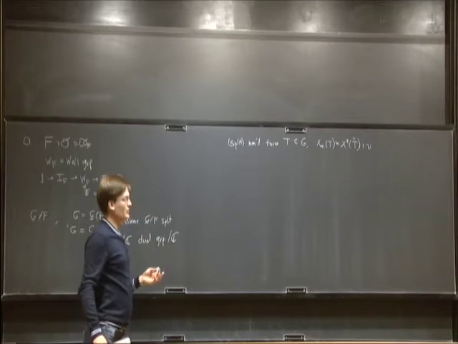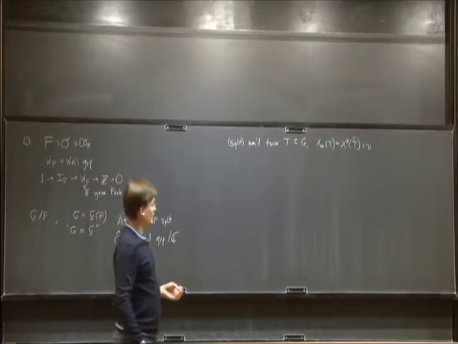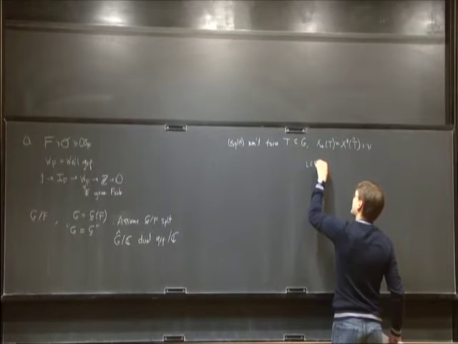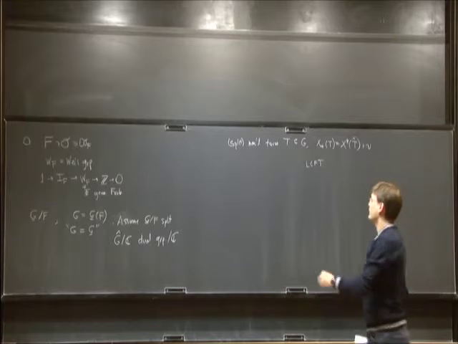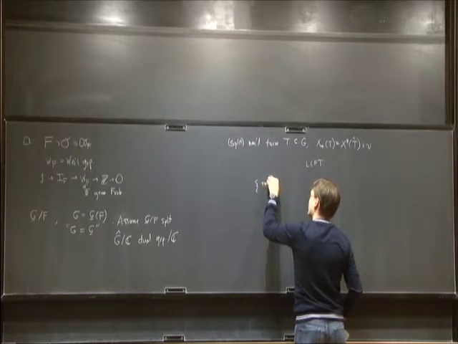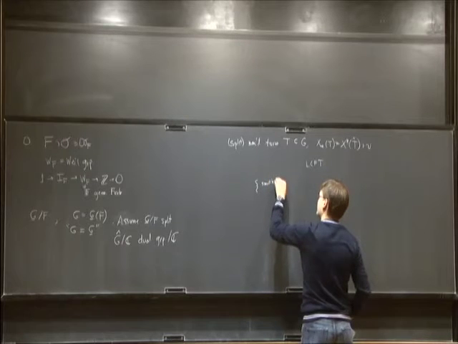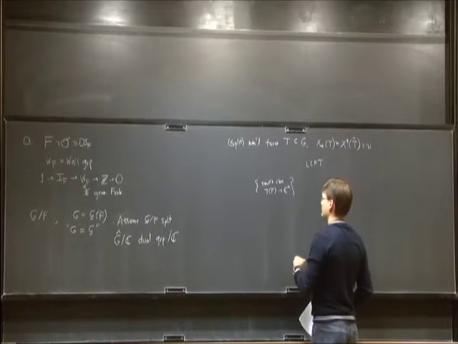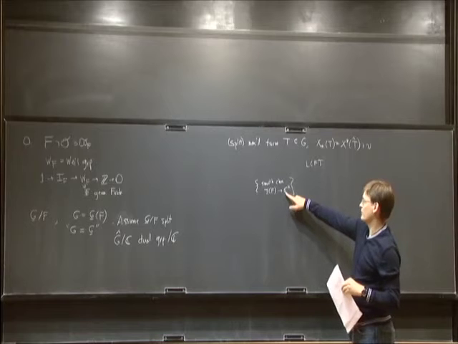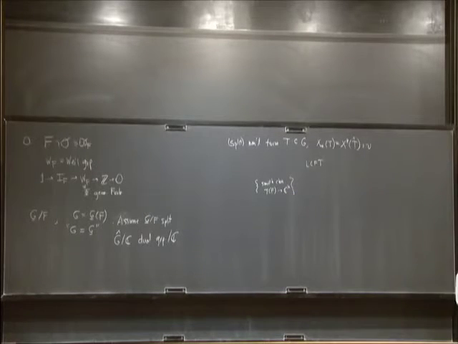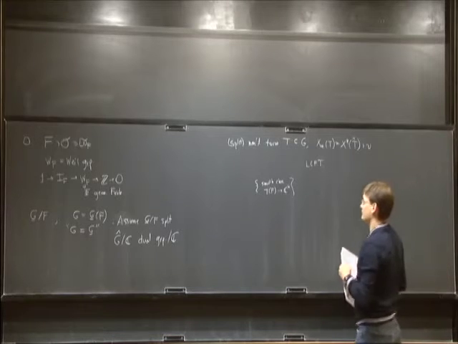Here's a baby version of the things I want to talk about. It comes from local class field theory. I can consider smooth, meaning locally constant, characters from T(F) to C. This means you can give T(F) the discrete topology and consider characters which vanish on some compact open subgroup.